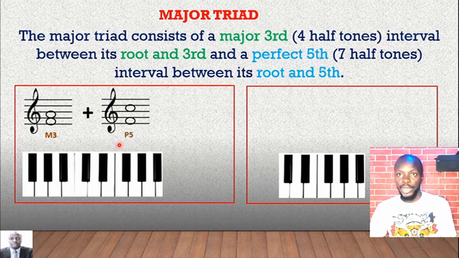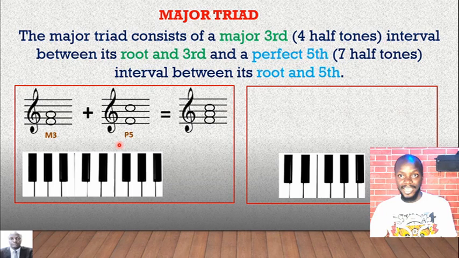So when you combine these two, then you have this chord: F, A, C, the root, the third, and the fifth, having a major third and a perfect fifth. So everything is connected to the root.